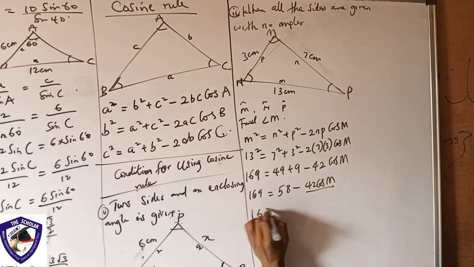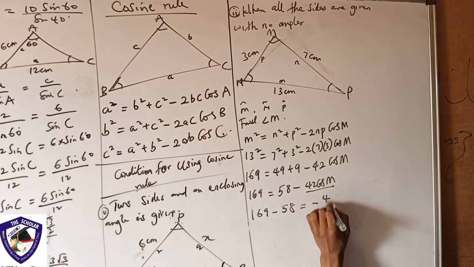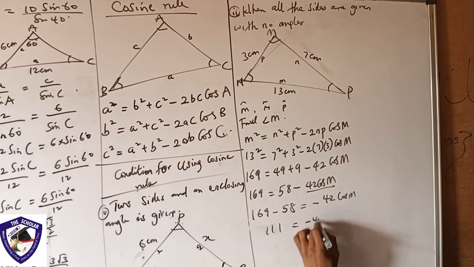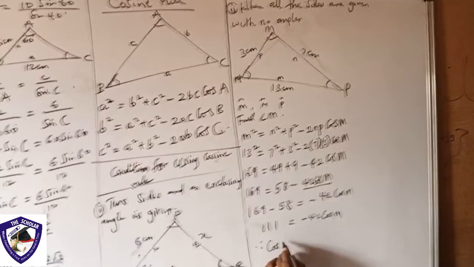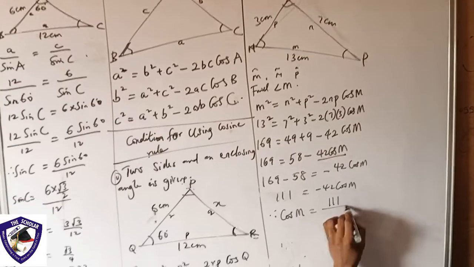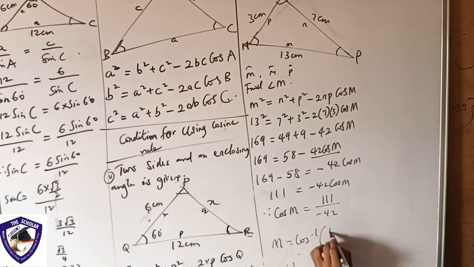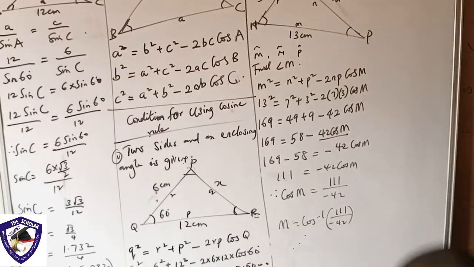So I have 169 minus 58 is equal to minus 42 cos M. If you subtract 169 minus 58, that's 111. So 111 is equal to minus 42 cos M. Therefore, make cos M the subject of the formula. Cos M is equal to 111 divided by minus 42. And your M will be the inverse cosine of 111 over minus 42, which will give you your required angle for M.